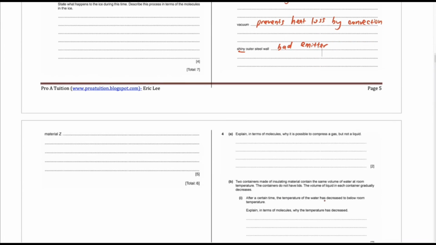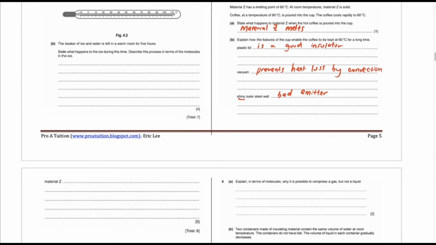Material Z. Okay. So material Z, you see, this is a 5-mark question. So you get 1 mark, 2 marks, 3 marks. Material Z. Okay, so let's talk about 2 points for this. So how to explain that? You say at 60 degrees Celsius. So I just have to put like plastic lid is a good insulator. That's all. I don't have to give another point for explanation? Must I do that?